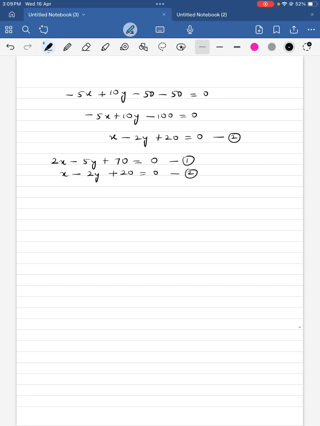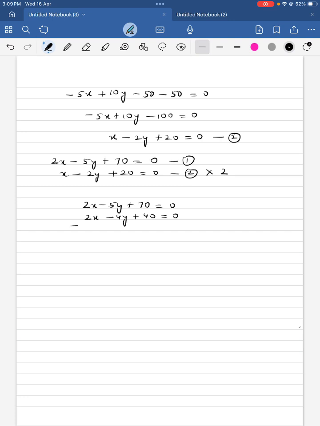I will multiply the second equation by 2 so that I can make the coefficients of x the same. So the first equation stays as it is and the second equation gets multiplied by 2. So every coefficient gets multiplied by 2. So the equation becomes 2x minus 4y plus 40 equal to 0.